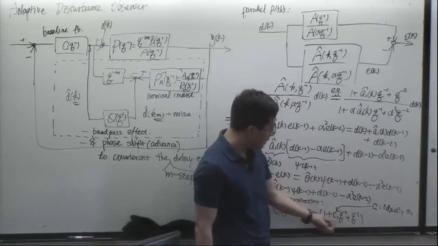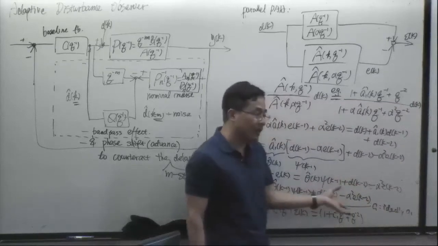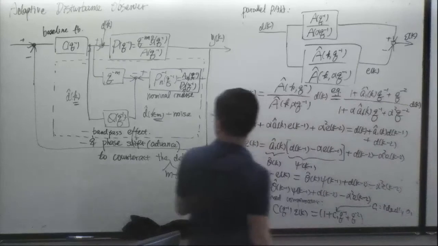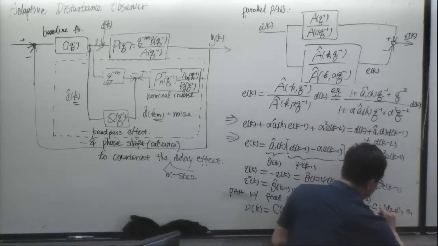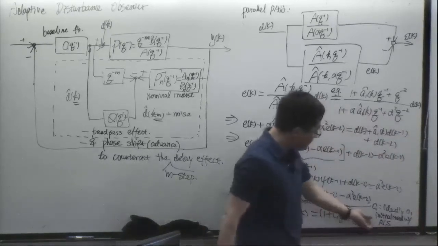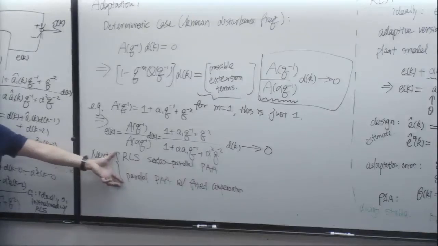If we don't know absolutely anything about A1, in practice we don't know anything about the disturbance frequency omega, then what we can do is initialize with recursive least squares. So in reality, the two will be combined together.